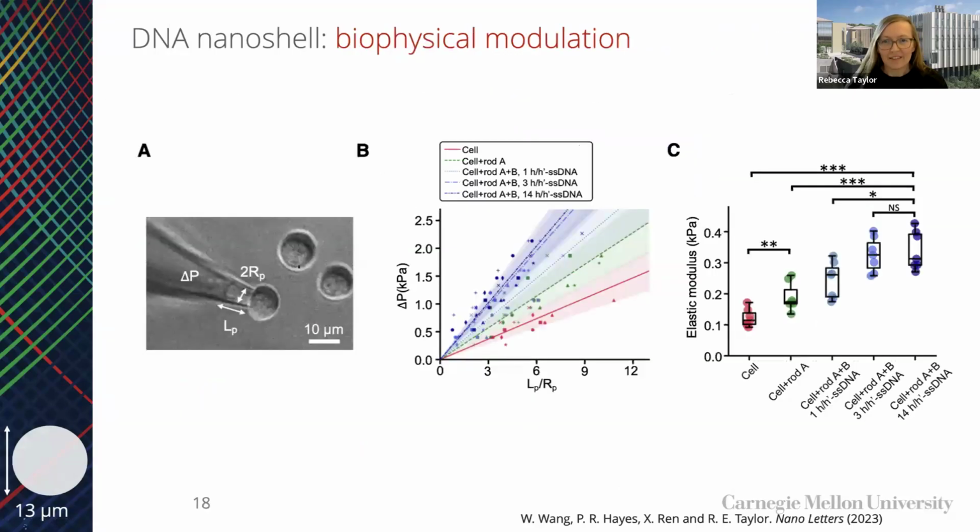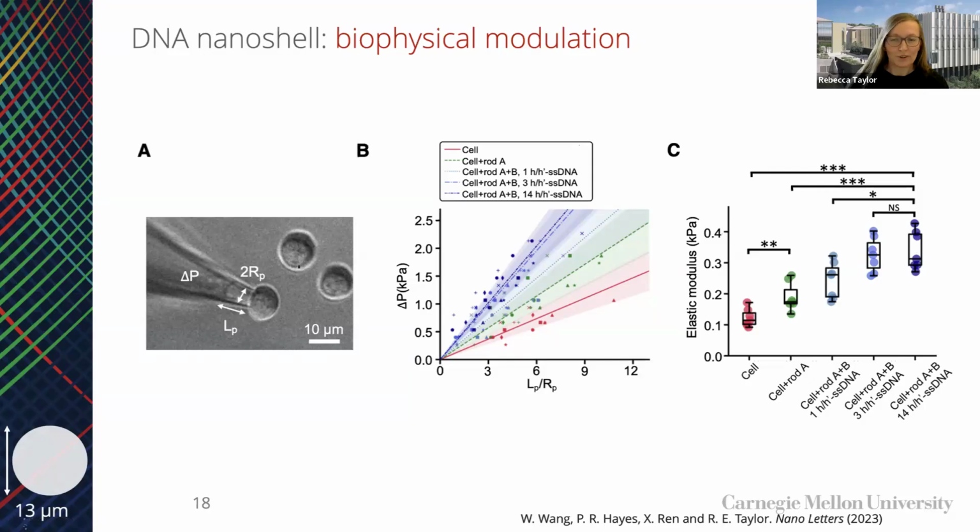In this paper, he then went to explore this. The first thing you can see is that, depending on how you set up this nanoshell, where these numbers mean how many overhang binding sites there are between the two different species of rods, you can carefully modulate the effective elastic modulus of the cells, right?